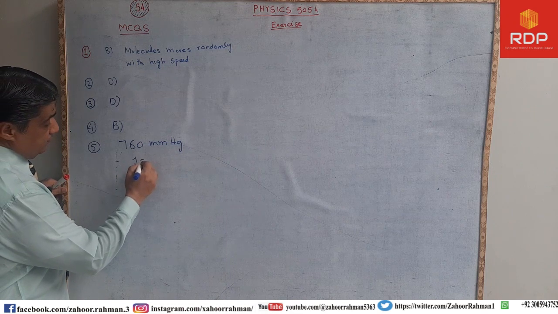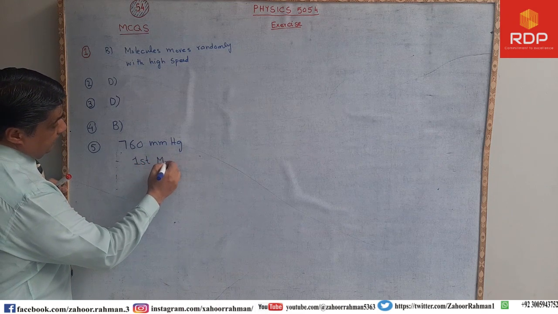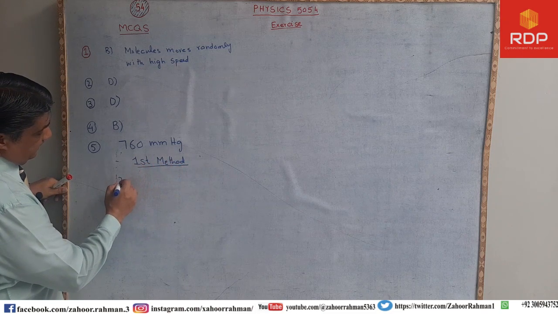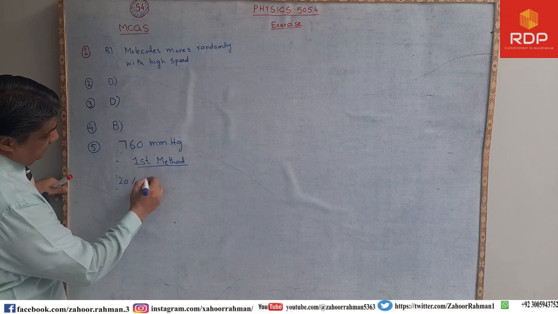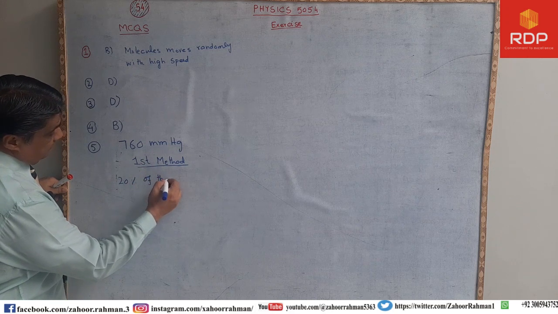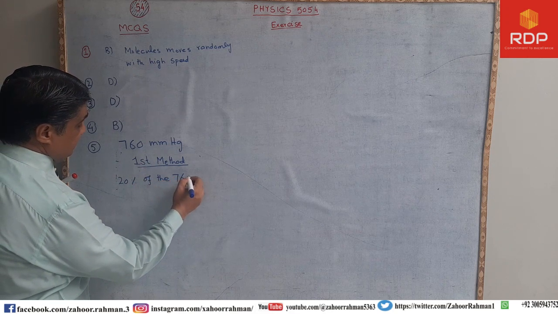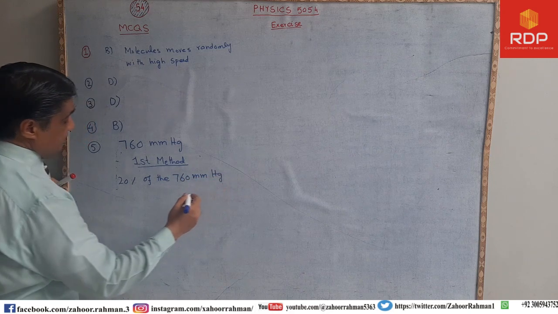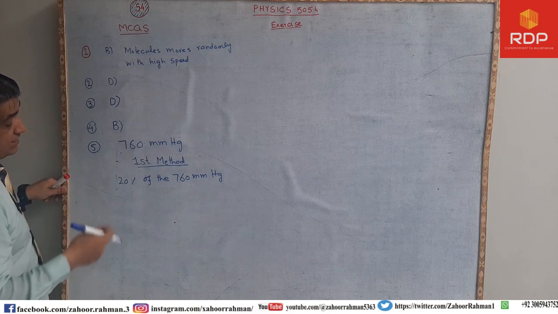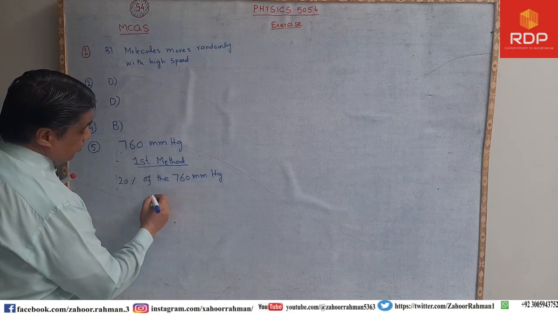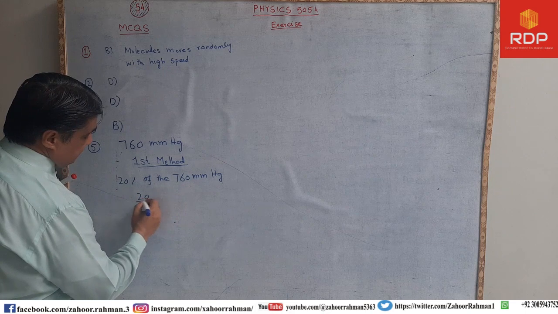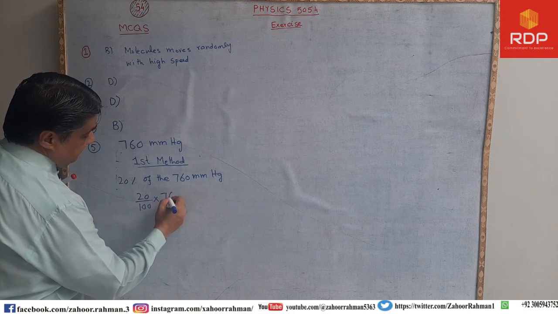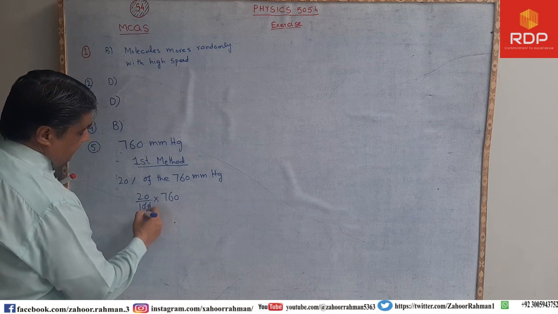I told you that there are 2 methods. Method number 1: in this case we have to find 20% of the 760 mm of Hg. So we have to say 20% of 760.